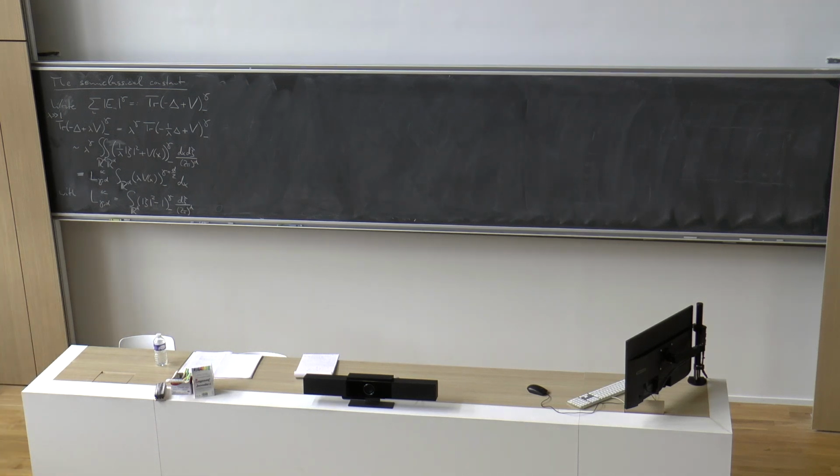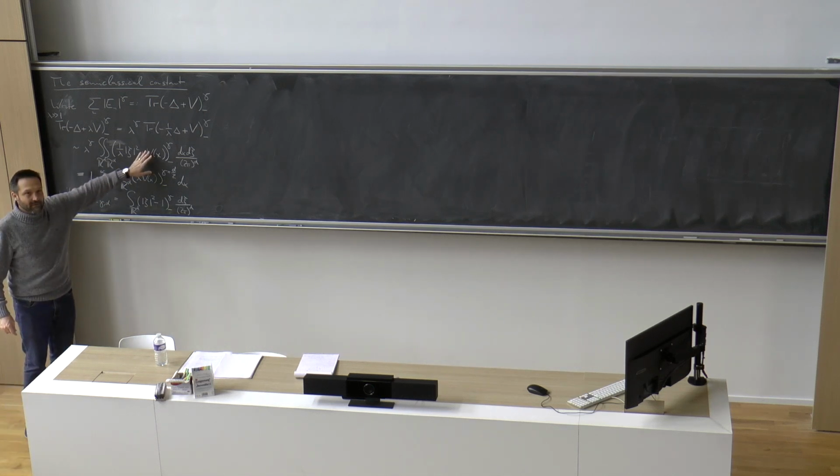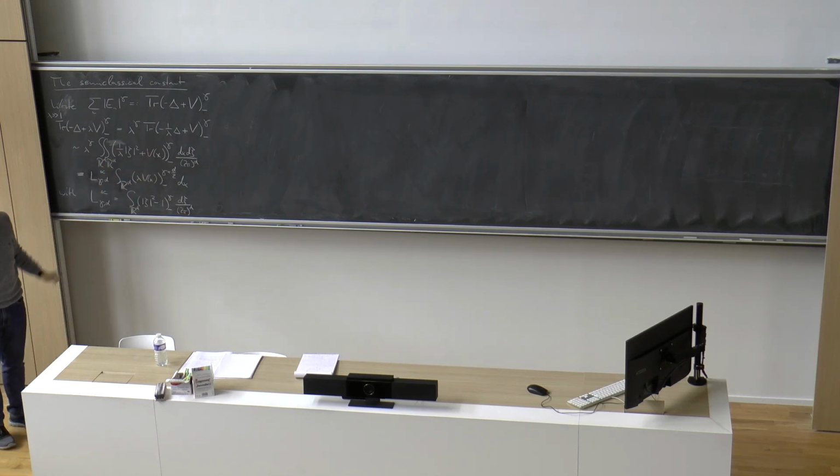That's a computation. I mean, go sit down and do it. It's a scale, right? Just for every fixed x, and then change variables in psi, and then this is what you get.